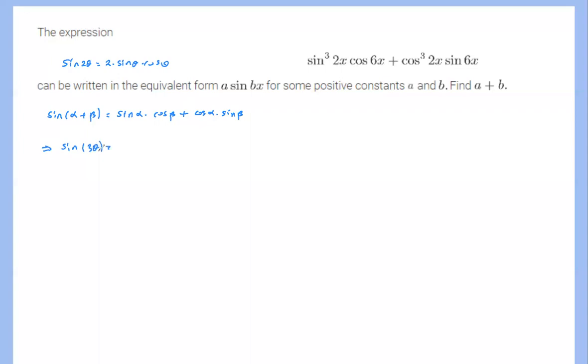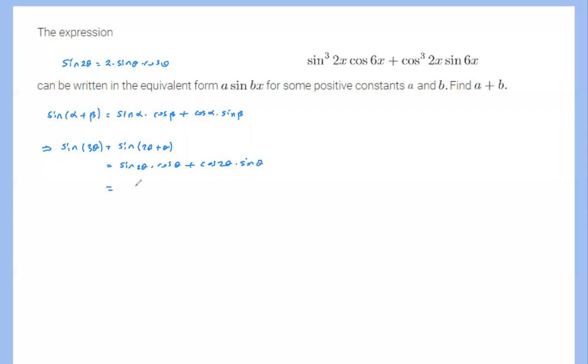Instead of dealing with this directly, we just need to use what we have. So instead of 3 theta, I can just write sine of 2 theta plus theta, right? And I want to apply the angle sum identity now, which gives us sine of the first angle, 2 theta, times cosine of the second angle, theta, plus cosine of the first angle times sine of the second angle.